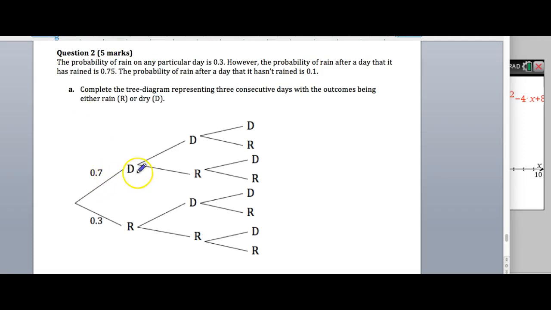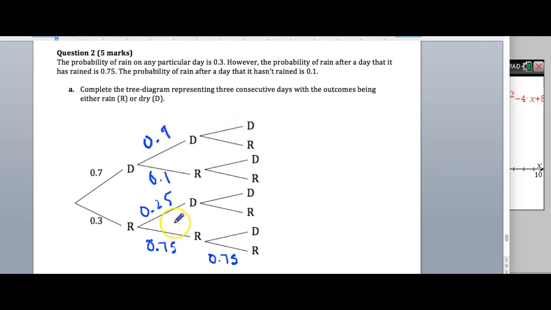So the probability of rain on any particular day is 0.3. The probability of rain after a day that it has rained is 0.75, so we're going to have 0.75 here, and also 0.75 here, because it kept raining. The probability of rain after a day that it hasn't rained, so dry, is 0.1. Remember, your branches have to add up to 1, so I can quickly finish that.